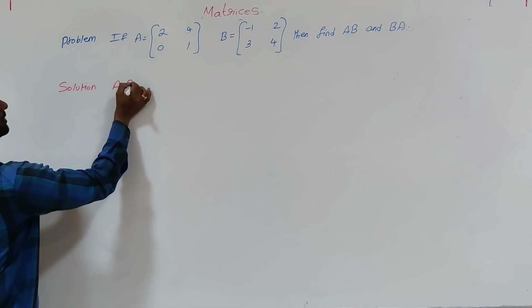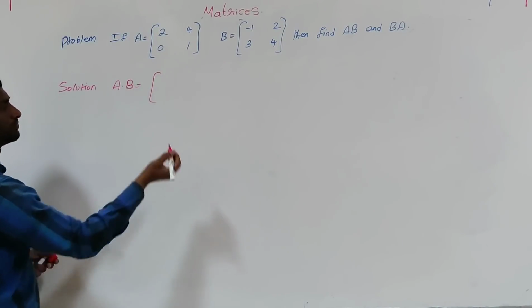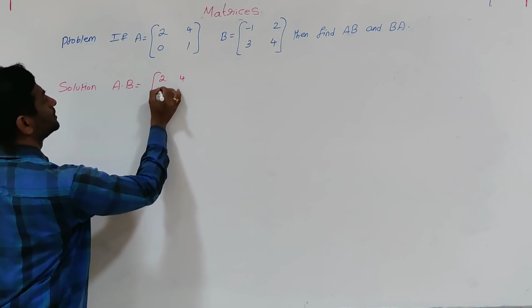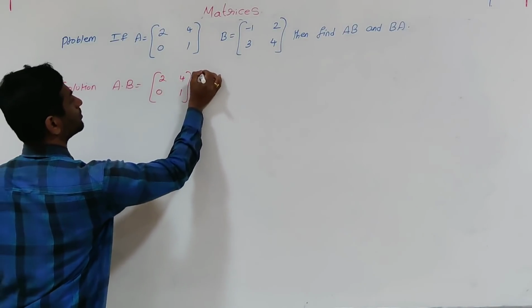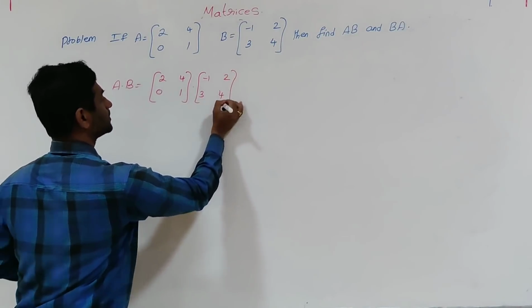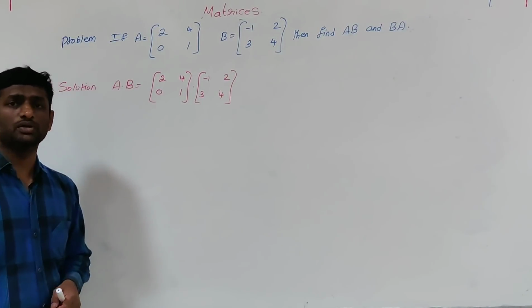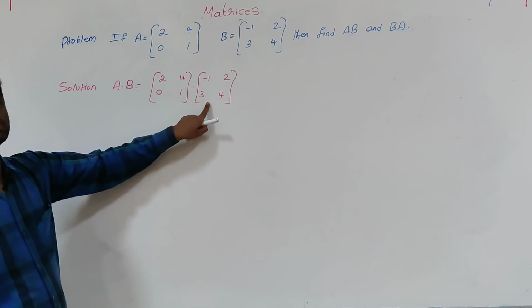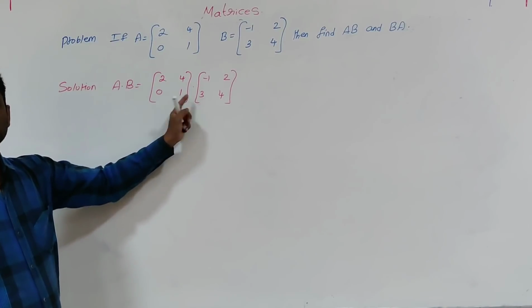A into B. Let me write it for matrices: 2, 4, 0, 1 into -1, 2, 3, 4. Matrix multiplication is possible because there are 2 columns in the first matrix and 2 rows in the second matrix, so 2 is equal to 2.